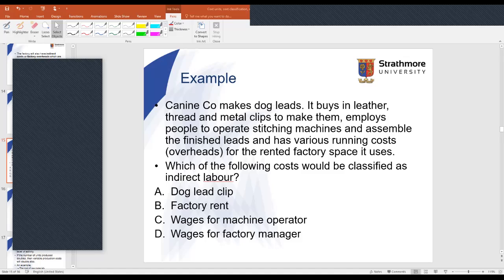How do we classify the pay to the CEO or the finance director?